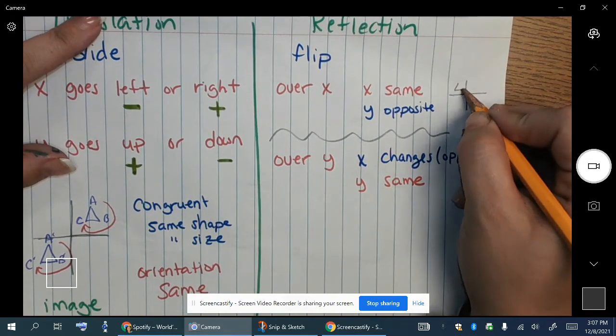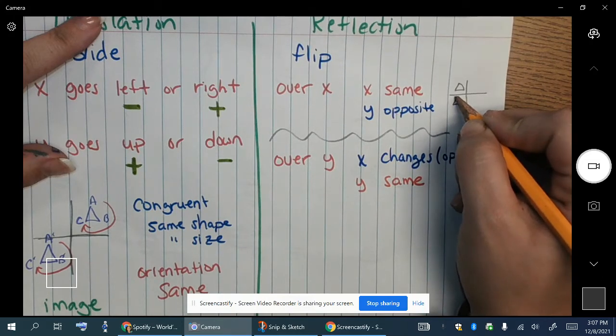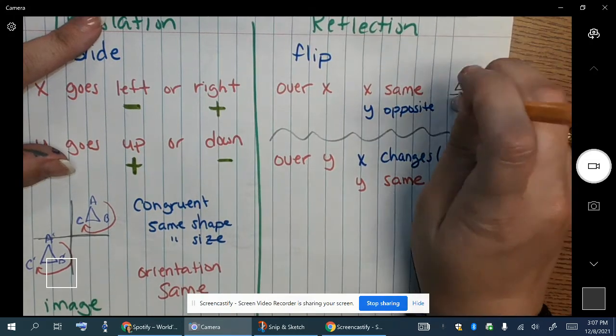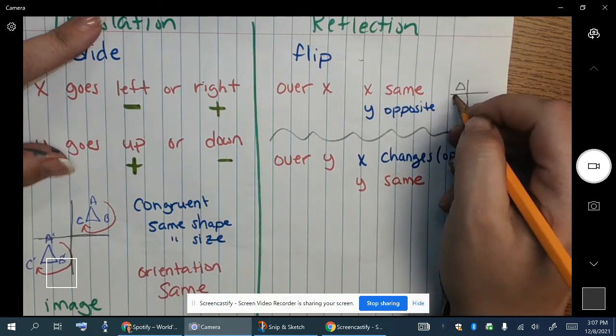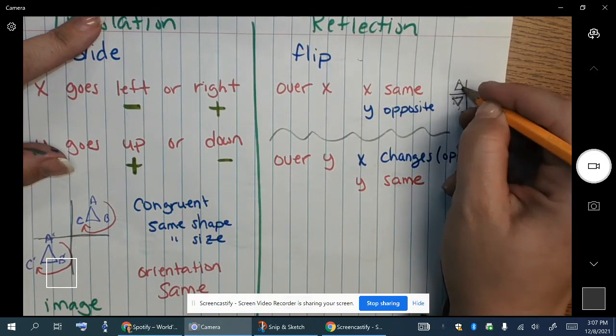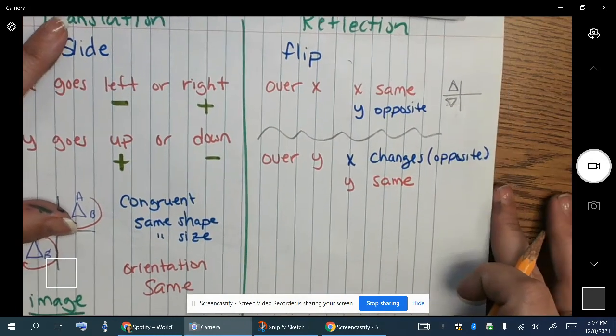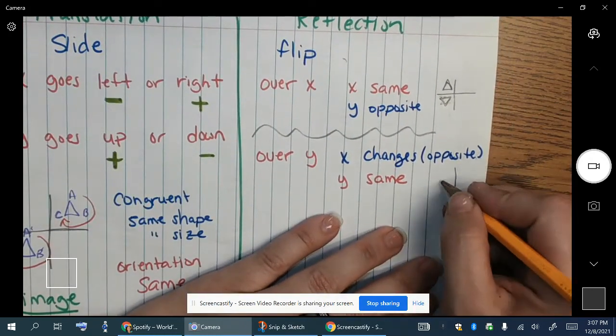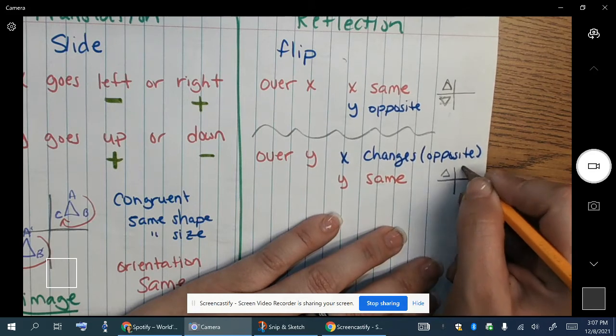Flipping over the x is like this. Don't judge my artistry there. Flipping over the y is like this.